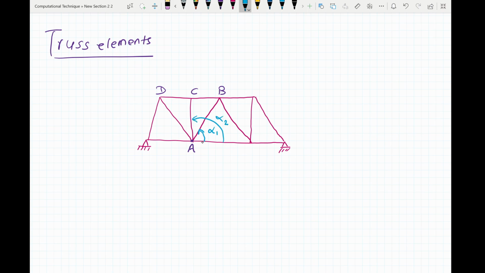Now these angles vary with each element, and in these elements, since they are bar elements, these elements will only have axial forces.